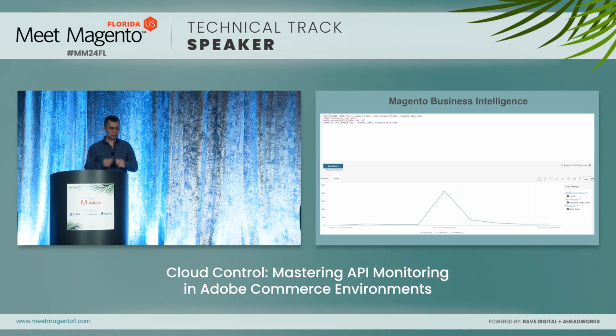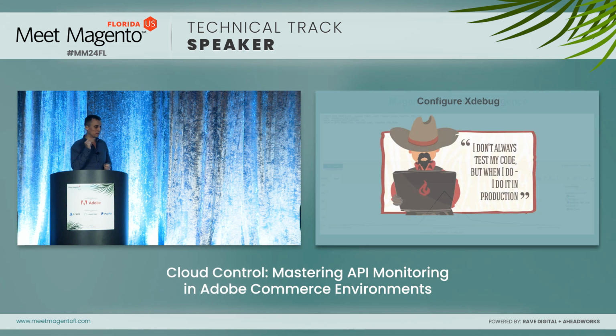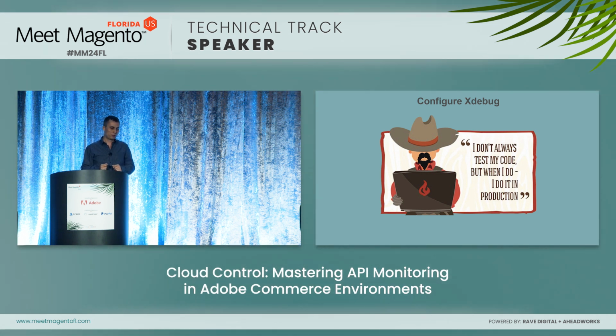And in this case, Adobe Commerce on Cloud provides really great tools. They provide Xdebug in production. It's already installed, already up, ready for use. And you can debug the code with the real production data in real time without affecting performance.